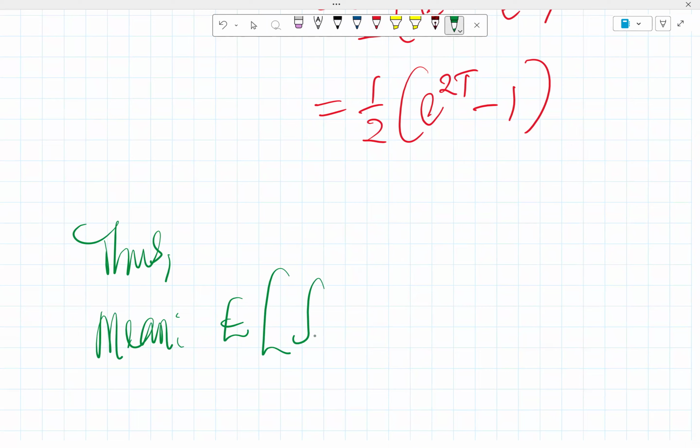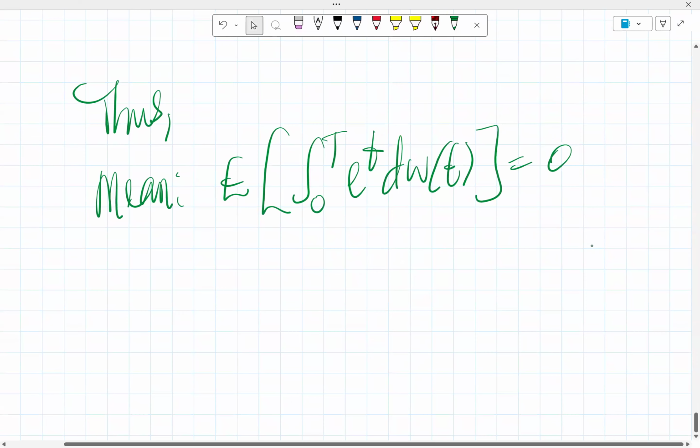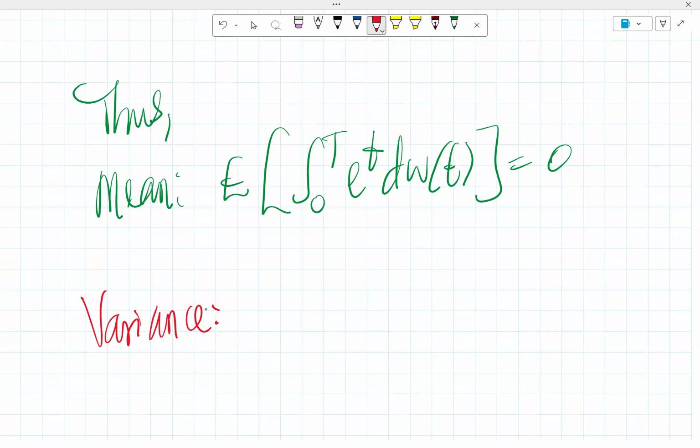Thus, the mean is such that the expected value of the integral from 0 to T of e^t dW(t) is equal to 0. That's done. On the other hand, we have the variance, which is what we just got in the computation: half times e^(2T) minus 1.